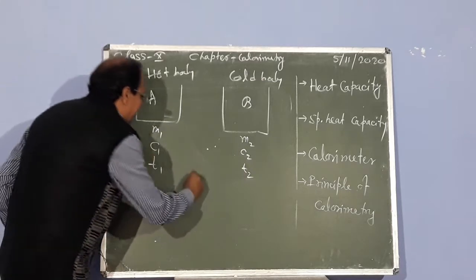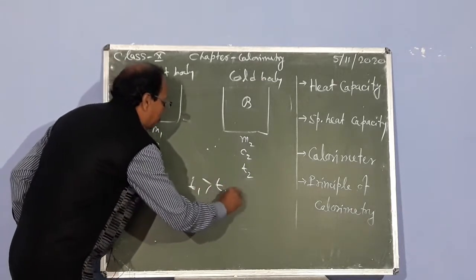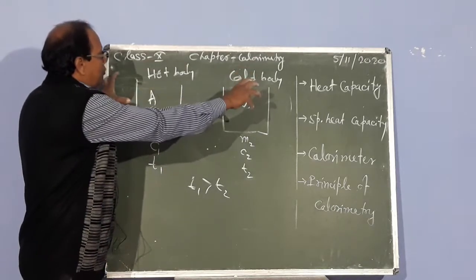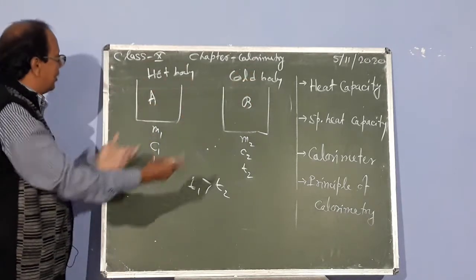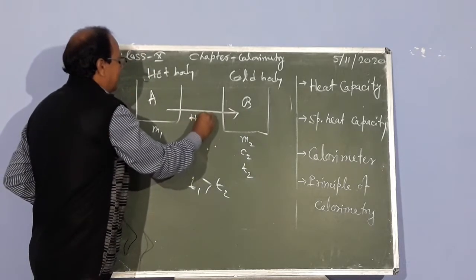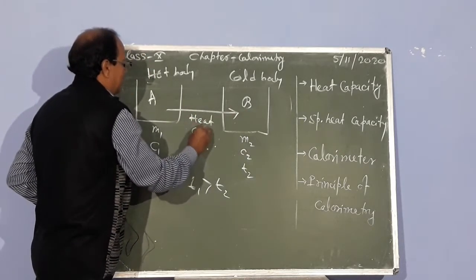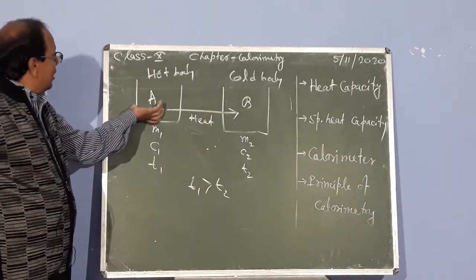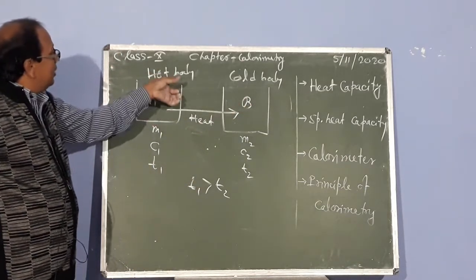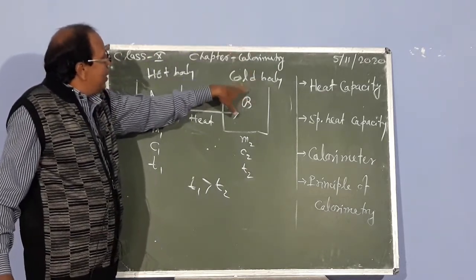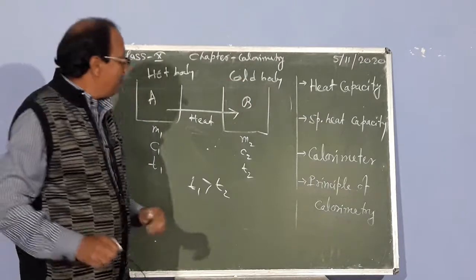Obviously T1 is greater than T2 because this is the hot body and this is the cold body. So when you keep these two bodies in contact, the heat starts to flow from hot body to cold body. The amount of heat energy released by the hot body will be gained by the cold body. That is the principle of calorimetry.